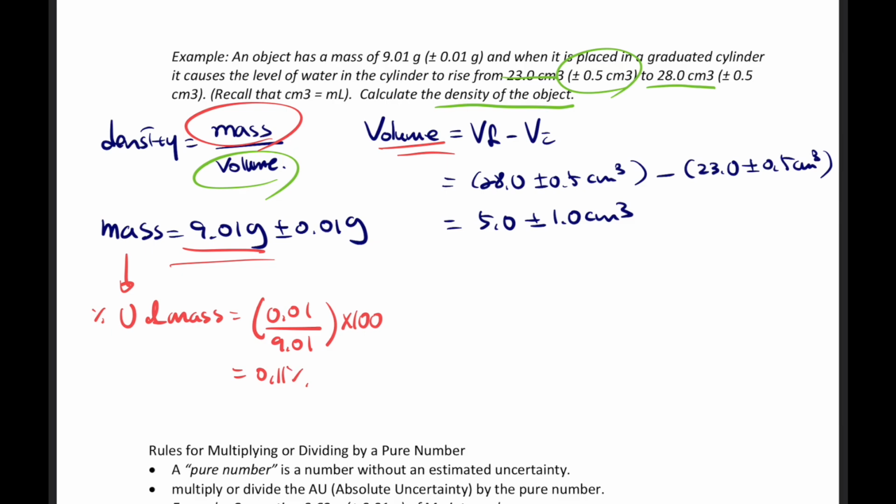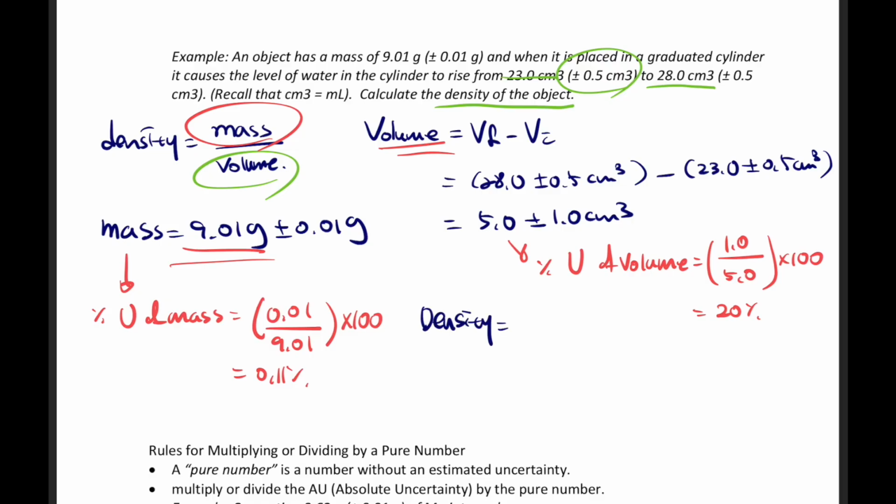And the same thing with the volume: the percentage uncertainty of volume is 1.0 divided by 5.0 times 100, and this is approximately 20%, right?